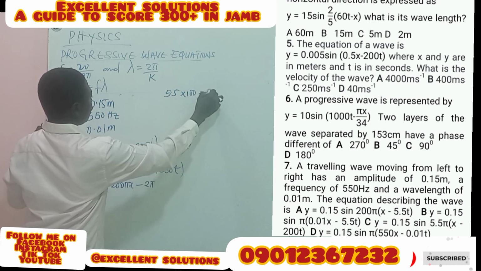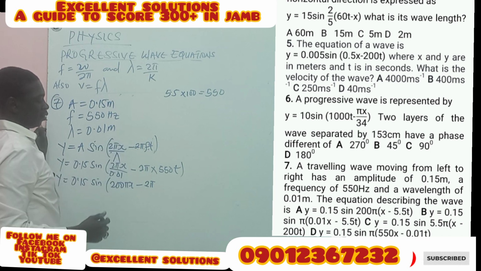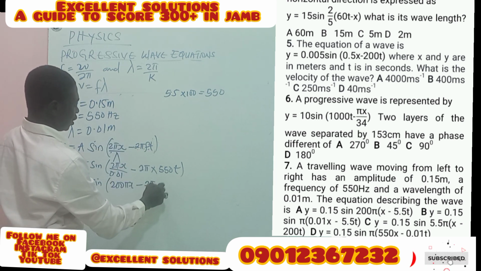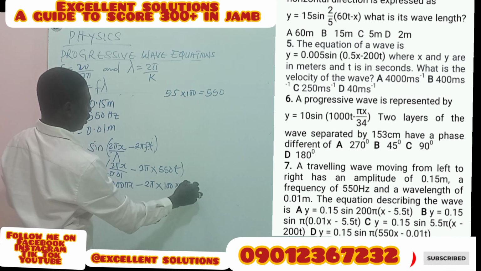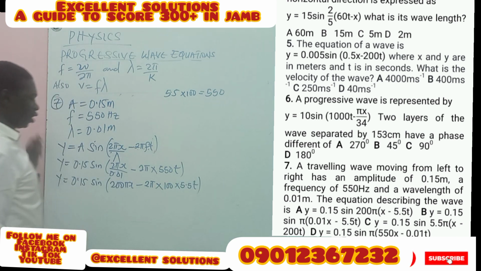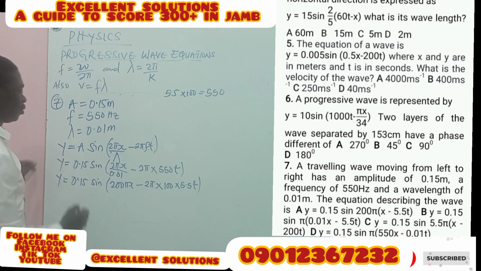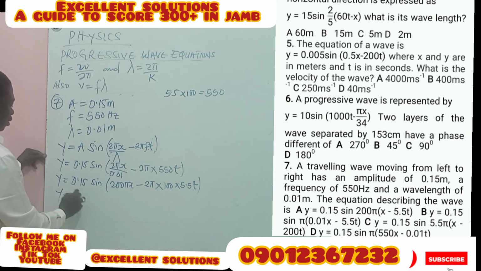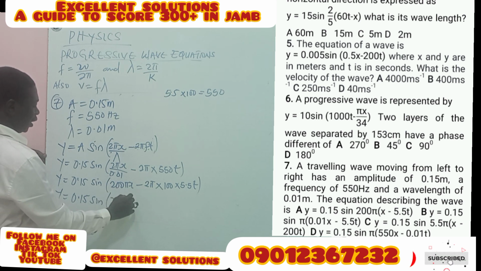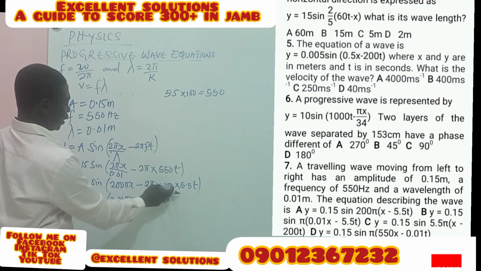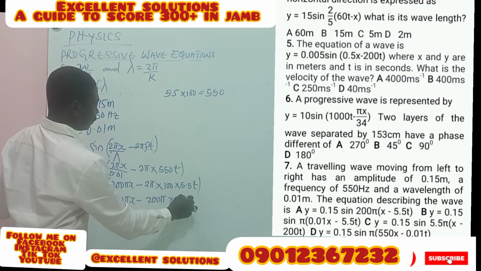So if we multiply 2 pi times 100, we are going to have 200. So y equals 0.15 sine 200 pi x minus 200 pi times 5.5 t.